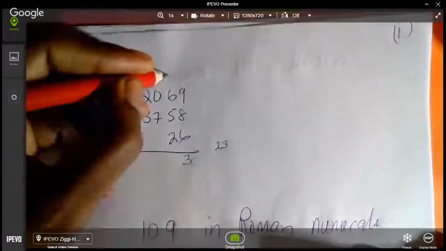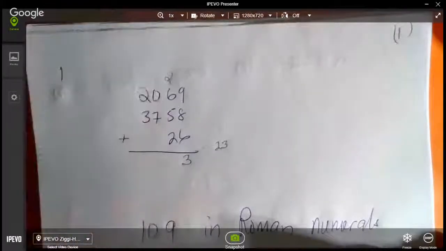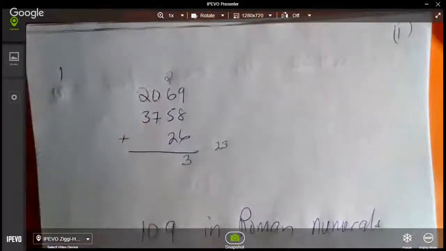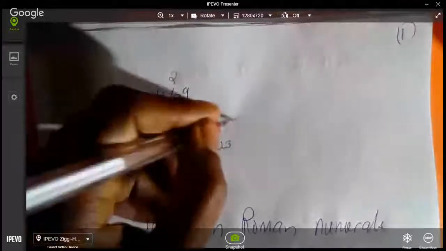So 2 and 6 would give us 8, sir. 8 and 5. 13, sir. 13 and 2 would give us 15, sir. So if it's 15, we're going to write 5 and carry 1.